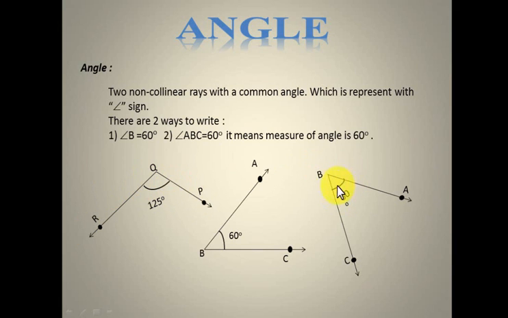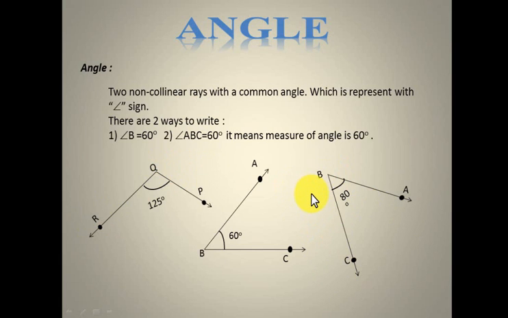Here the measure of angle B is 80. In this one, PQR, we can say the measure of angle Q is 125, and the other way we can say angle PQR is 125. In this one, ABC is equal to 80, or the measure of angle B is equal to 80. So this is how we can write angle signs.